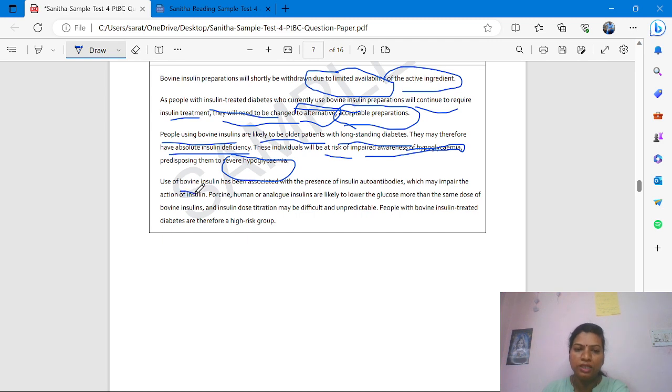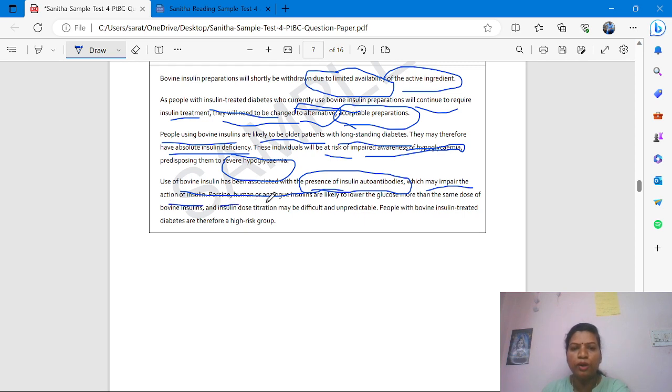Use of bovine insulin has been associated with hypoglycemia. Why is it happening? Presence of insulin antibodies. Because of the use of bovine insulin, the body will produce many insulin antibodies, which may impair the action of insulin.